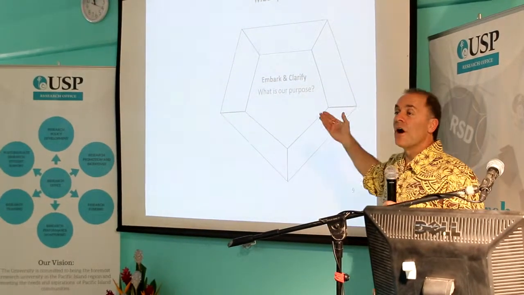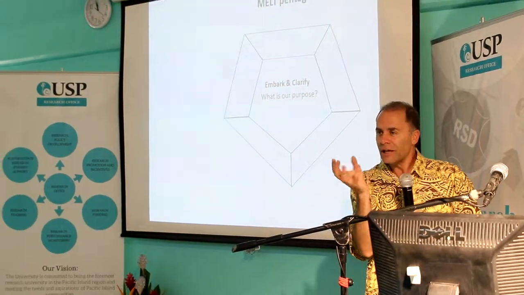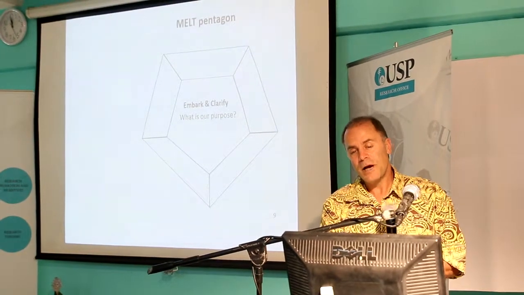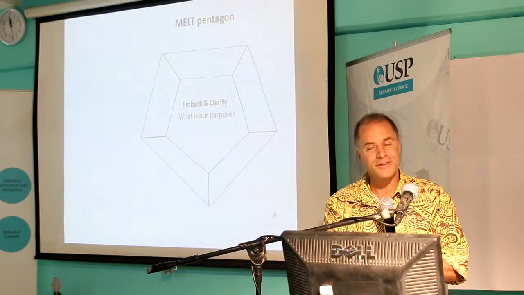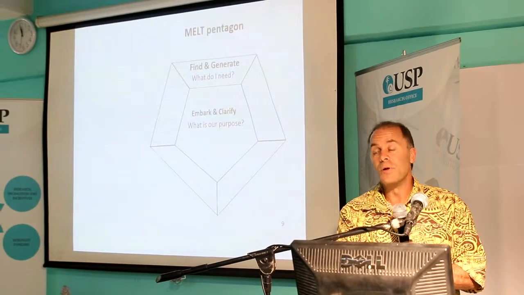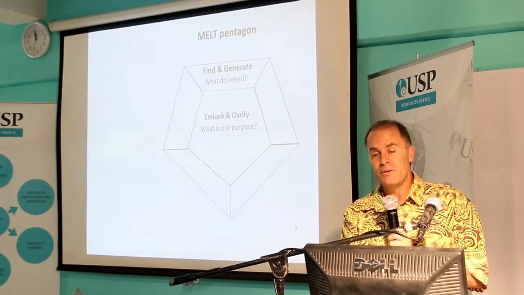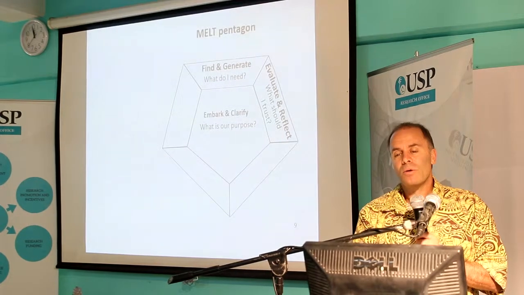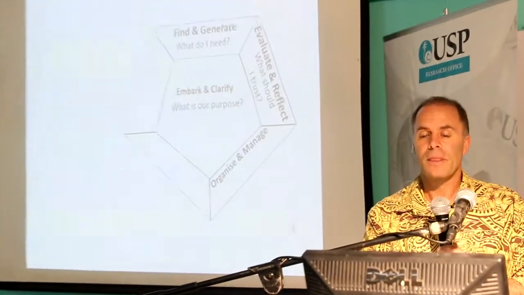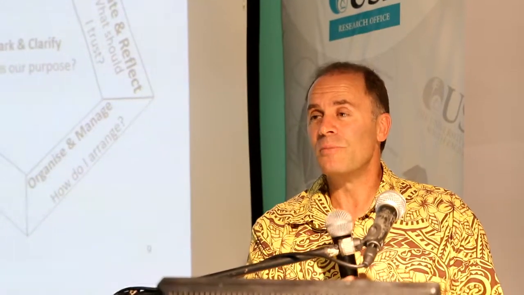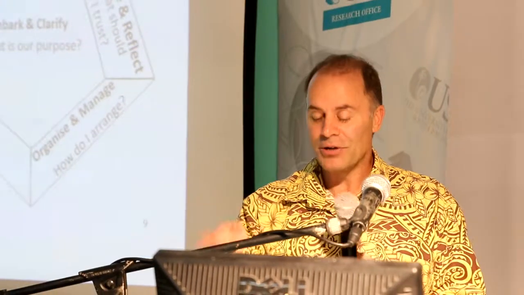And we found that the guiding questions really capture the sense of each facet. So we've got, for embark and clarify, what is our purpose? Very similar to Sarah Emma's. Find and generate, what do I need? We often pluralise these. I wish I had used the plural version. What is our purpose? What do we need? What should we trust? How do we arrange time, equipment, each other, interactions?